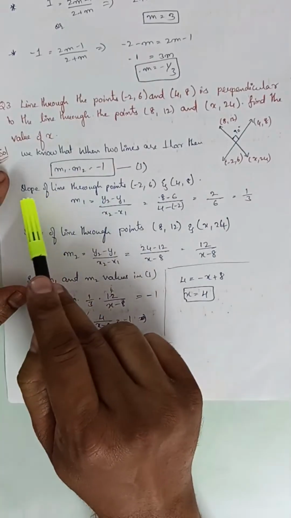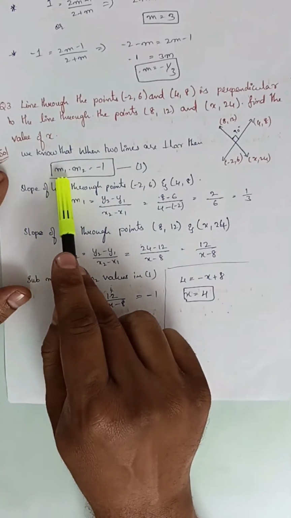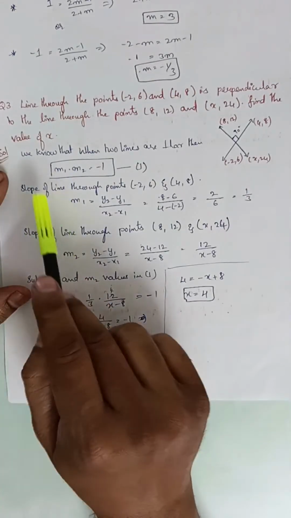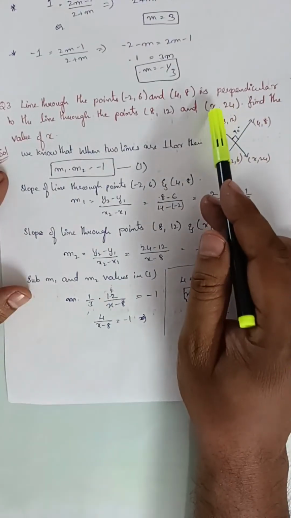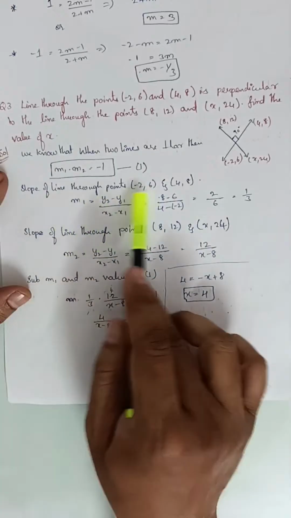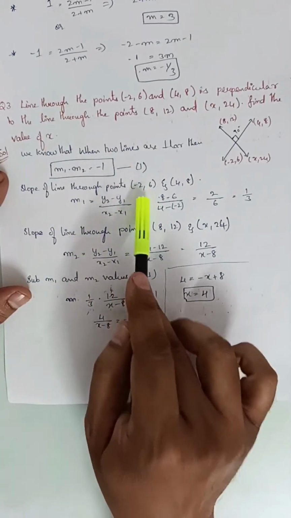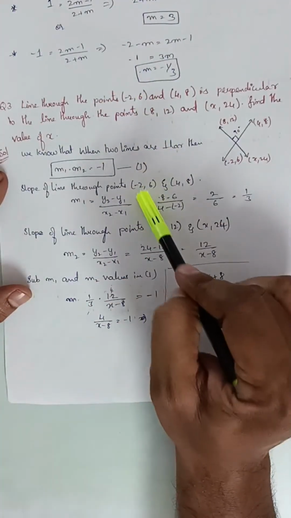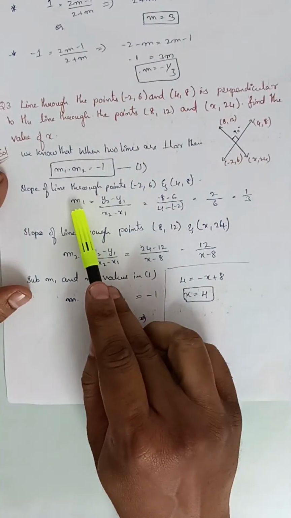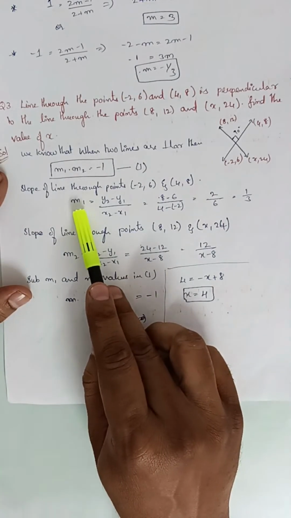Now we will find the slope of the first line, so it will be easy to get the value of x. First we will find the slope of line 1 using the points (-2, 6) and (4, 8). We denote the slopes by m1 and m2.